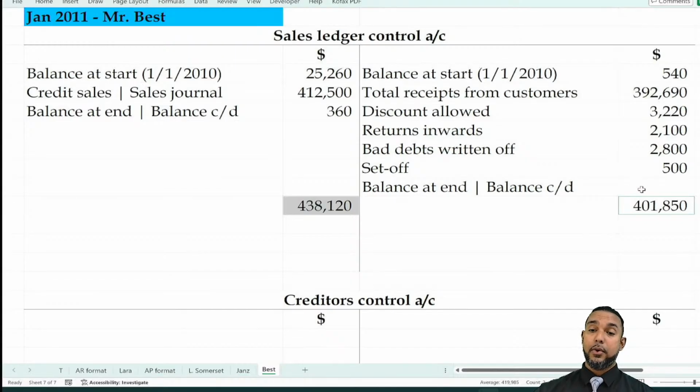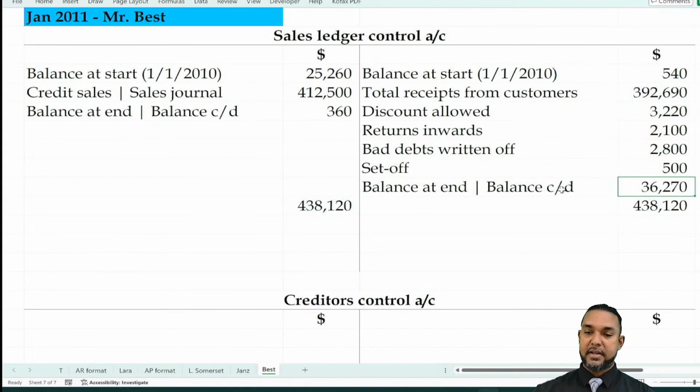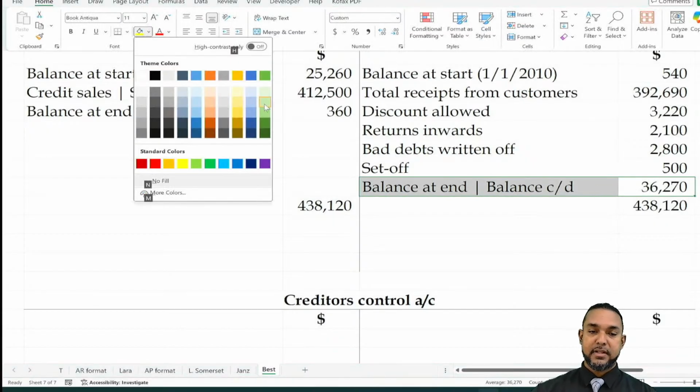So clearly there's a balance to be carried on from here. How do we find it? We take the difference between both sides: your debit side total minus your credit side total, which you do on your calculator. That balance ends up being 36,270. Put that in blue.